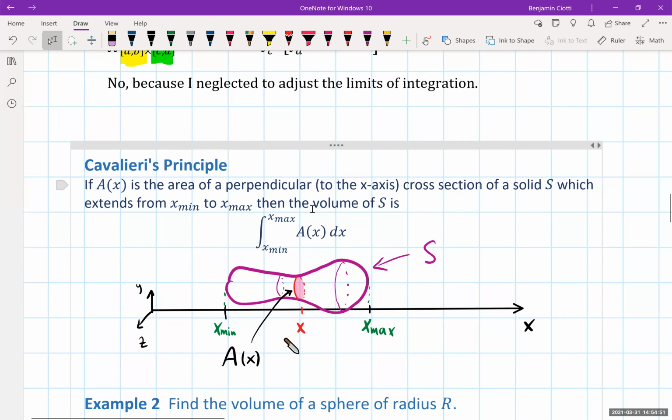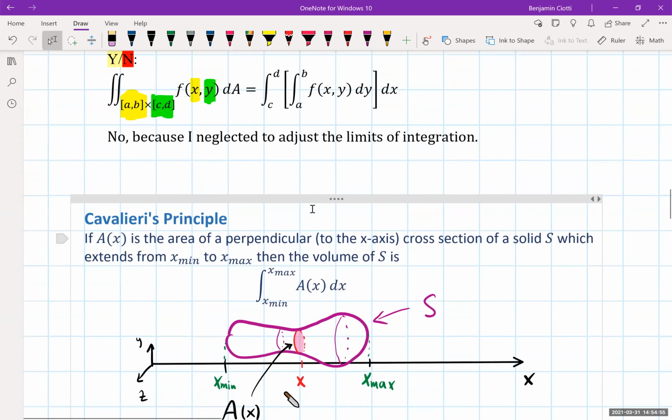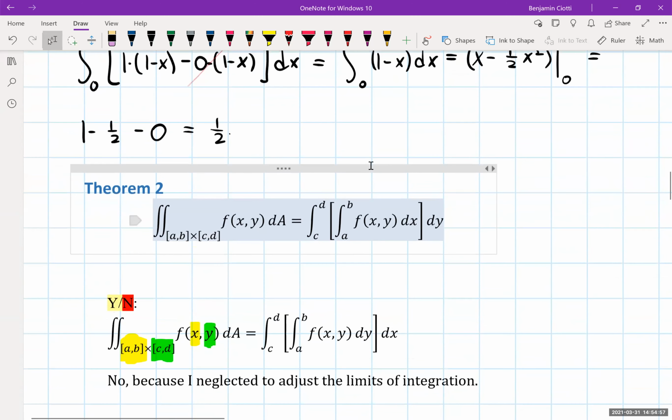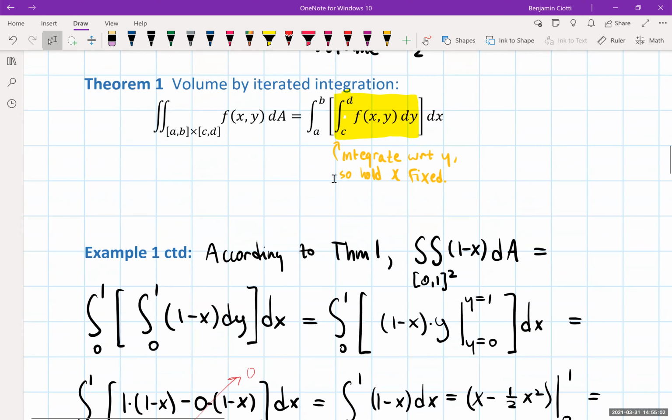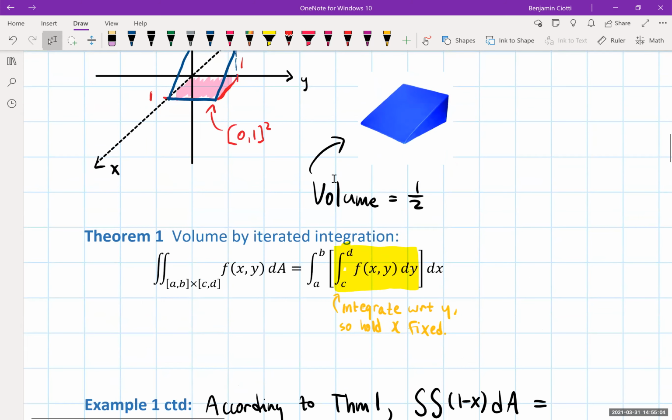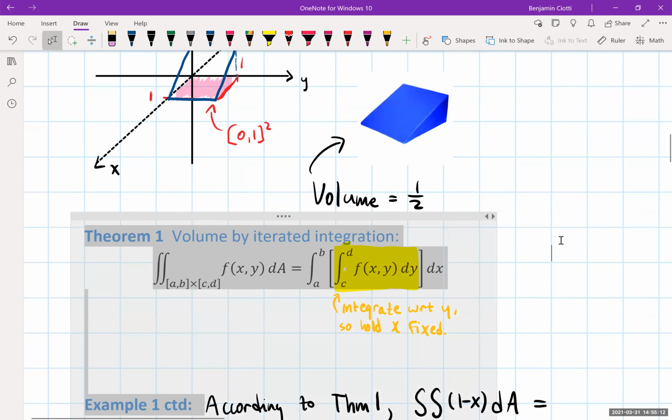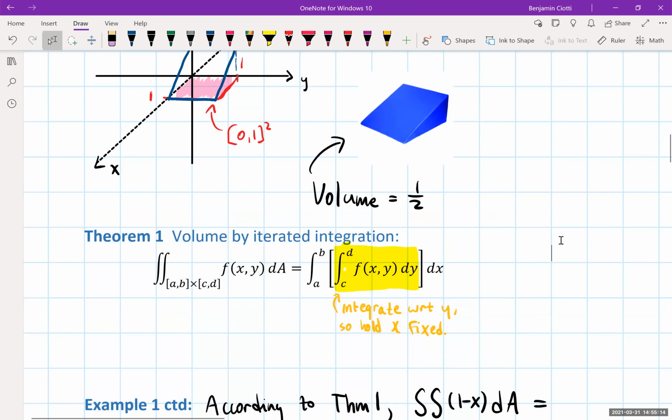Cavalieri's did not involve iterated integrals, but the two that I gave before it... Maybe I should have been more clear on this. At the time when I gave this definition, we had only defined the integral for positive functions.